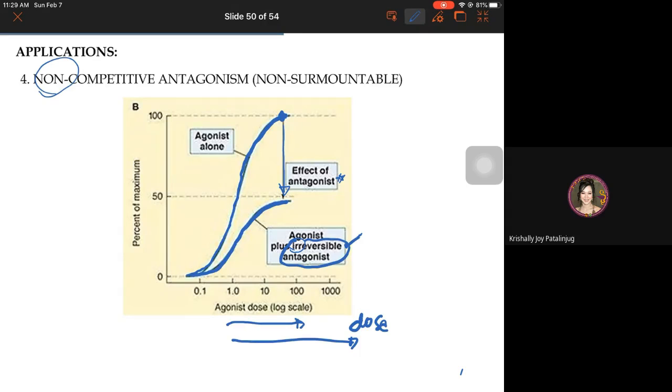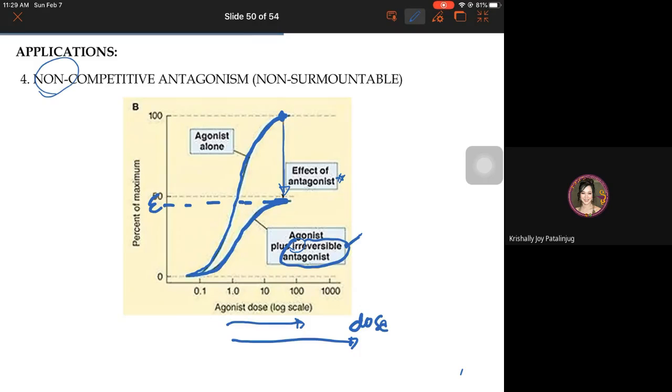Kaya, bumaba. It dropped to almost less than 50 percent of the efficacy. It lowered the activity of the agonist.